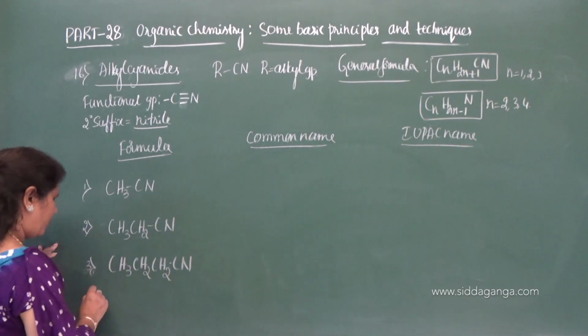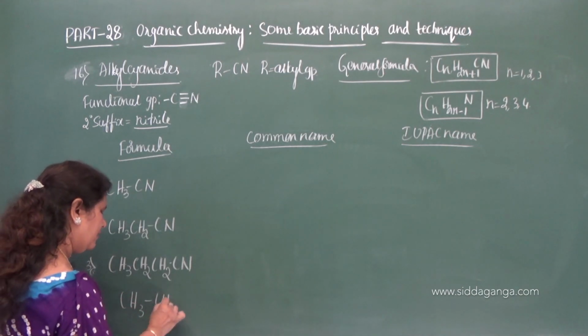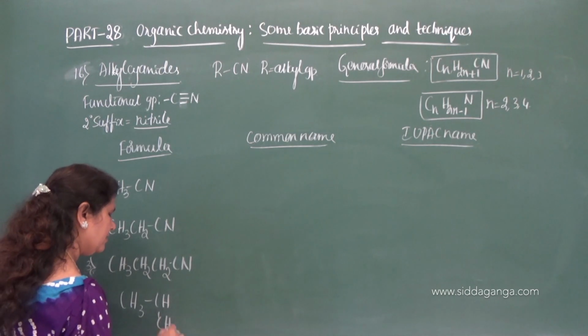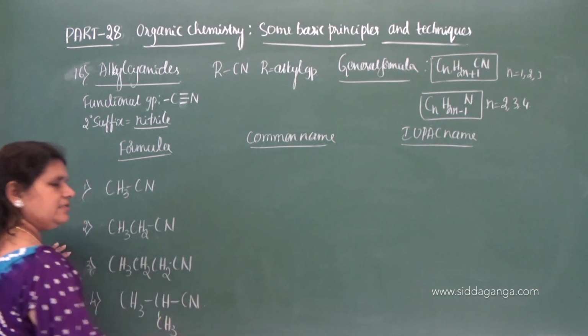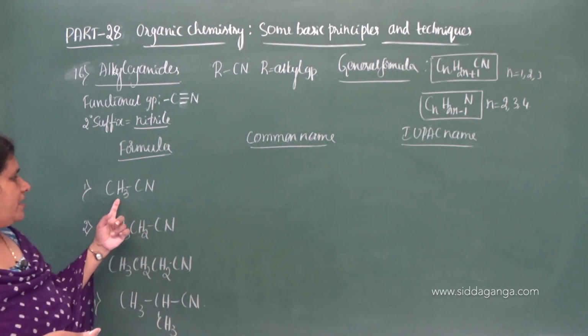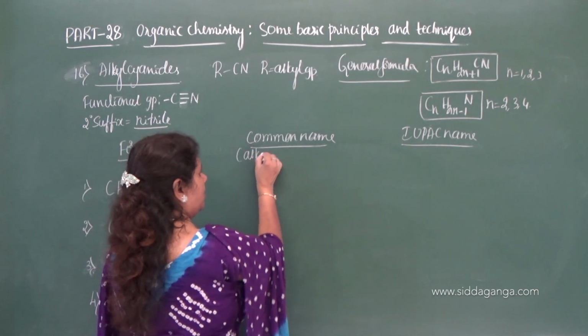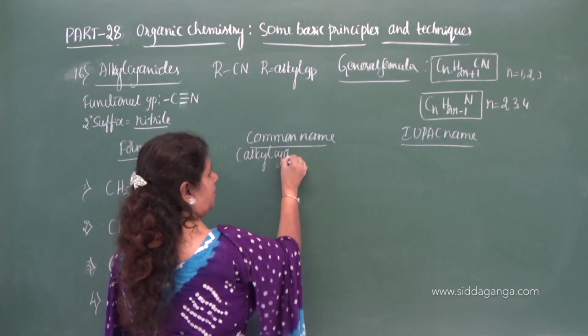Okay, now the fourth one. So 4 members. Now write the name of the alkyl group. Methyl group. So here you need to write alkyl cyanide, correct?